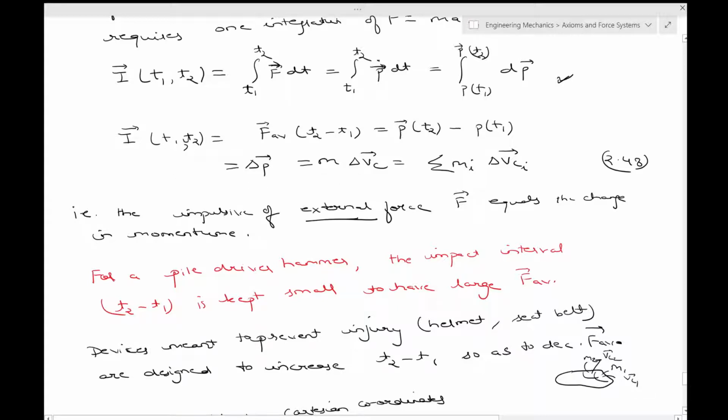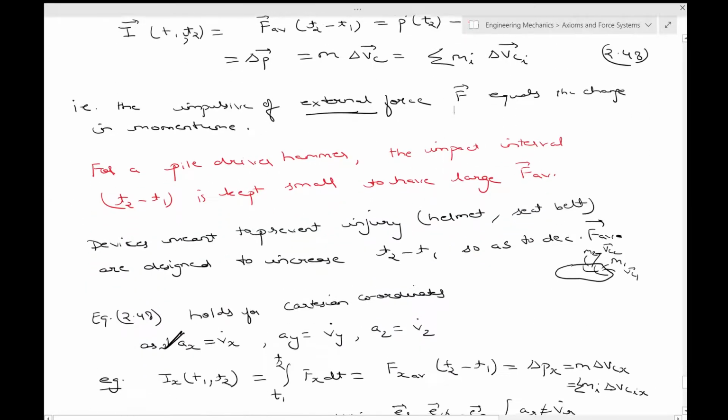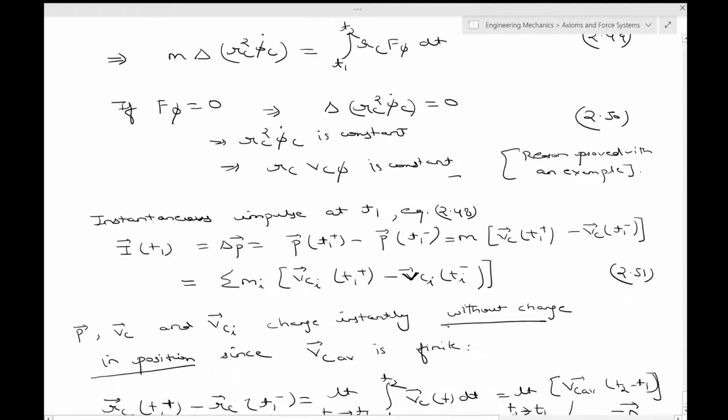Even the individual parts will also have the same momentum, so the summation of which will be the same.